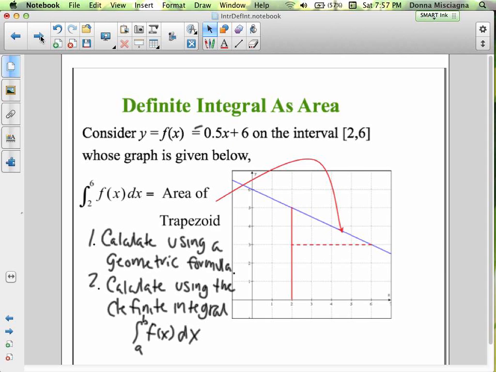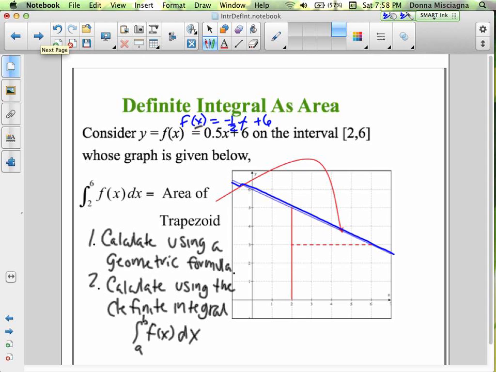All right, so here is our function. It is the function f of x equals negative 1/2 x plus 6. For some reason the negative didn't show up, so I'm going to write it here too: f of x equals negative 1/2 x plus 6. And we're evaluating that from 2 to 6.